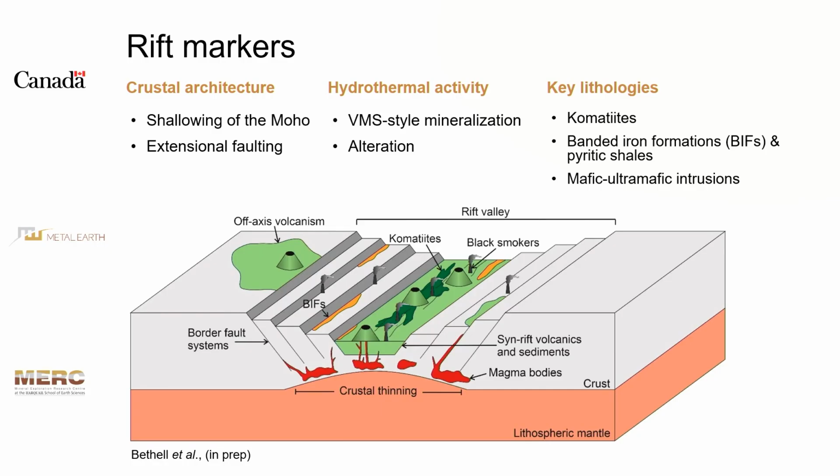And then finally, looking at synvolcanic mafic to ultramafic intrusions. We see an association between centers of rifting and volcanic complexes, and so we should see an association between these MOHO anomalies and those complexes.